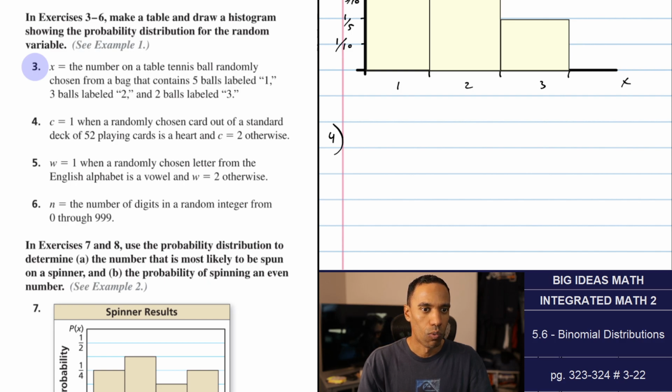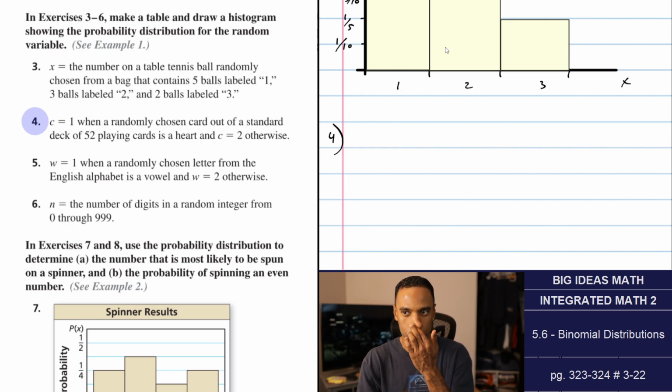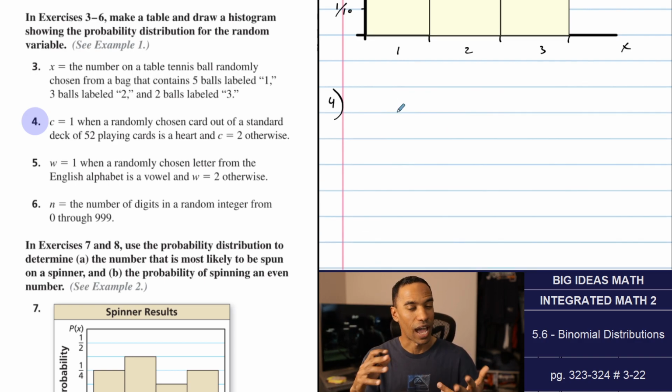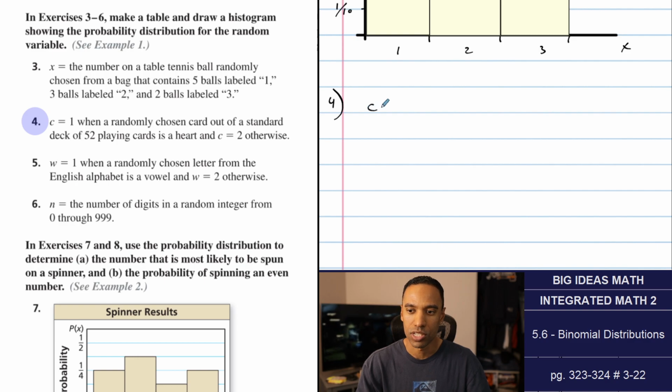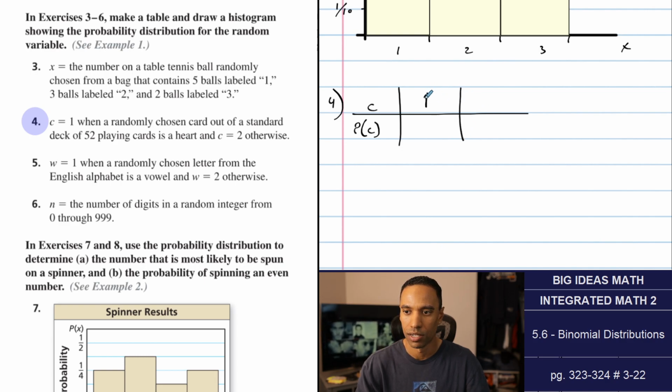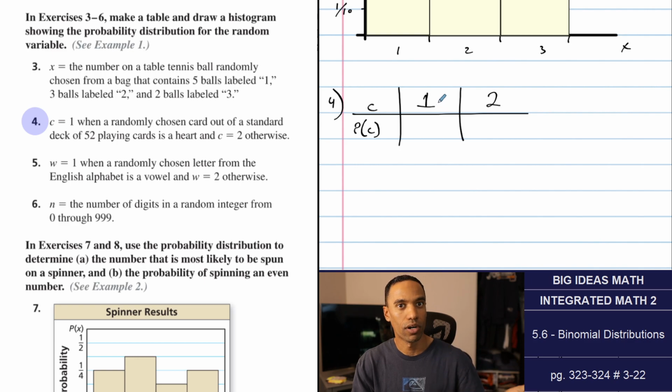C equals 1 when a randomly chosen card out of a standard deck of 52 playing cards is a heart, and C equals 2 otherwise. So this is kind of a binomial distribution, right? So there's C and the probability of C occurring for our table. It's either a 1 when it's a heart or a 2 when it's not a heart.